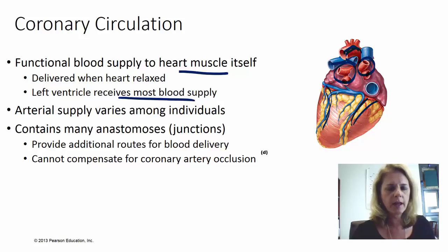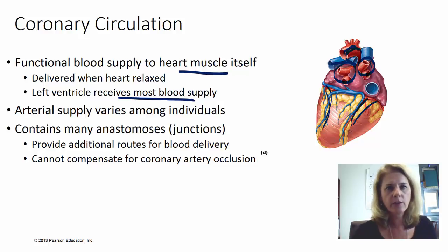The arterial supply varies among individuals, but in lab we're going to give you the main arterial supply that you need to be looking for, about 4 or 5 main coronary arteries to learn about. You'll also learn about some coronary veins. One cool thing about coronary arteries and veins is they have anastomosis, so they join each other.